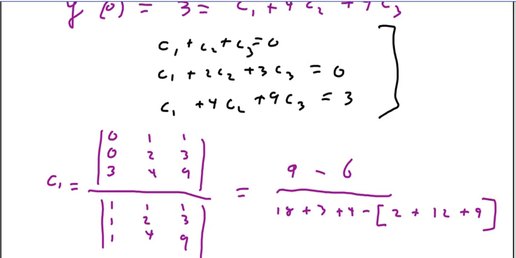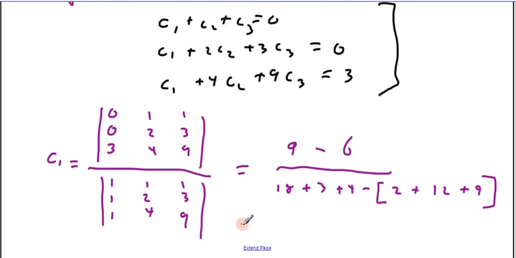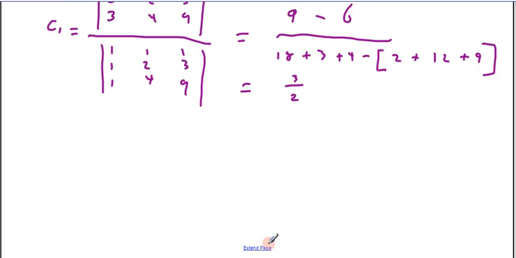Okay, and all things being done, I have 3 over 2. So 3 over 2 is my C1.